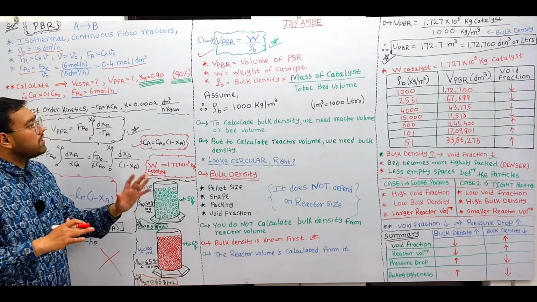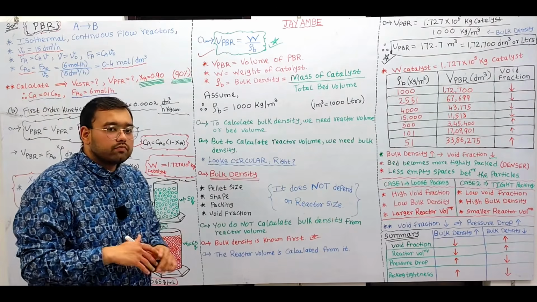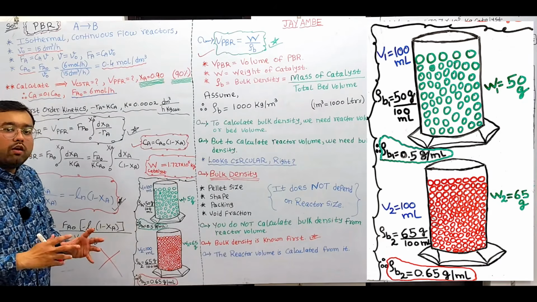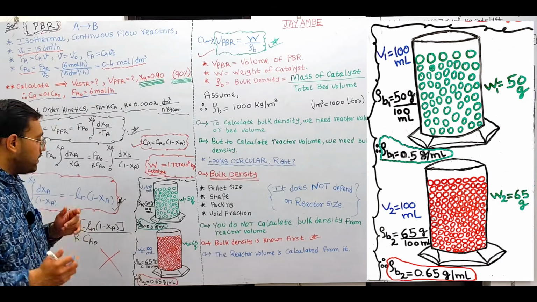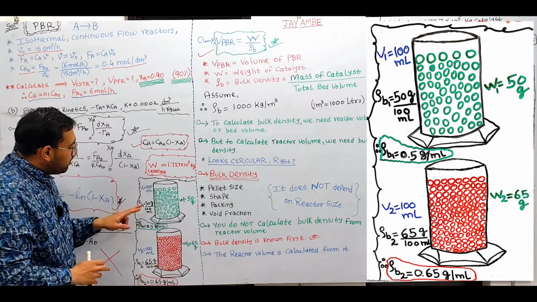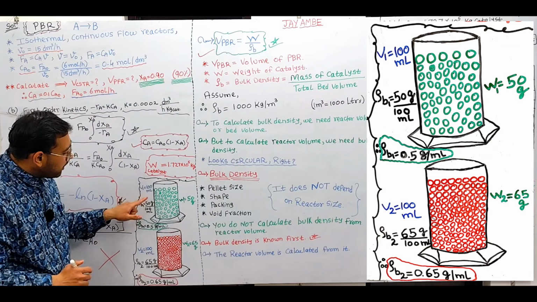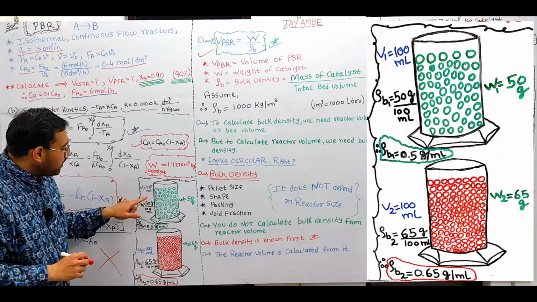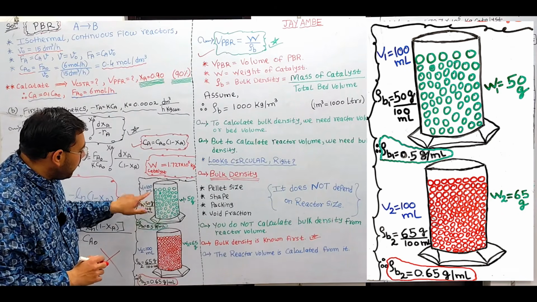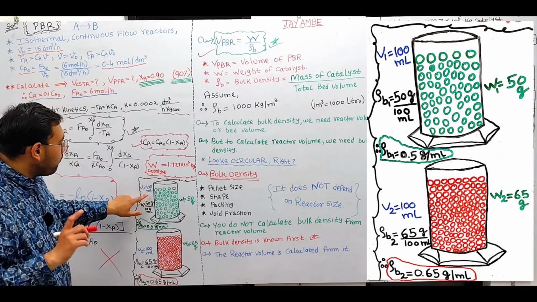So let's say, in order to understand the bulk density, in this diagram I will make you understand what the term bulk density is. In the first case, you can see both the diagrams, in this diagrammatic view where I have used a measuring cylinder.